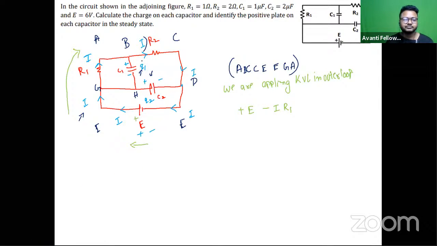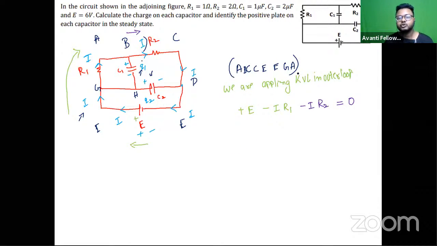Is this fine? Then I'm going towards the current direction only, so I should write minus I into R2. Then we are coming back to A. In this loop, only these things are there, so this should be equal to 0.